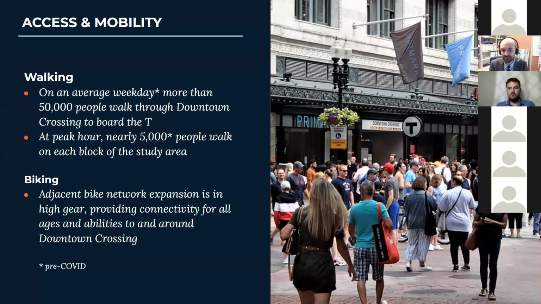Hard to imagine many other streets in the city competing with these kinds of pedestrian volumes. And although COVID has impacted this somewhat, it's really great to see that there's still a lot of life and activity, people on the sidewalks and streets of the Downtown Crossing district still. Also, the adjacent bike network has been expanded in recent years, providing connectivity for all ages and abilities to and around Downtown Crossing.